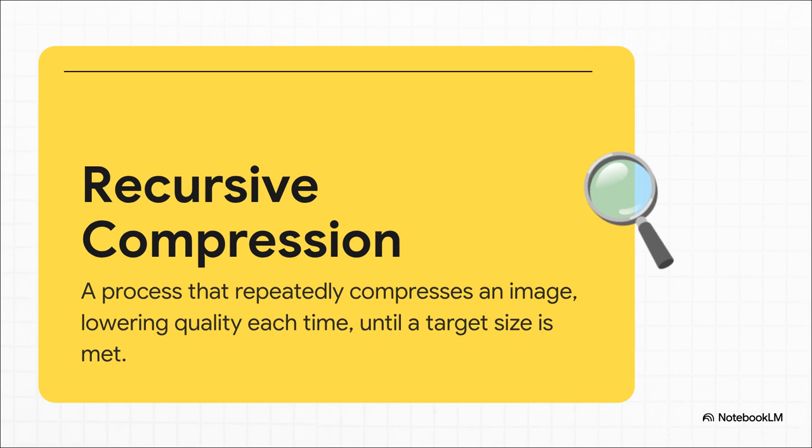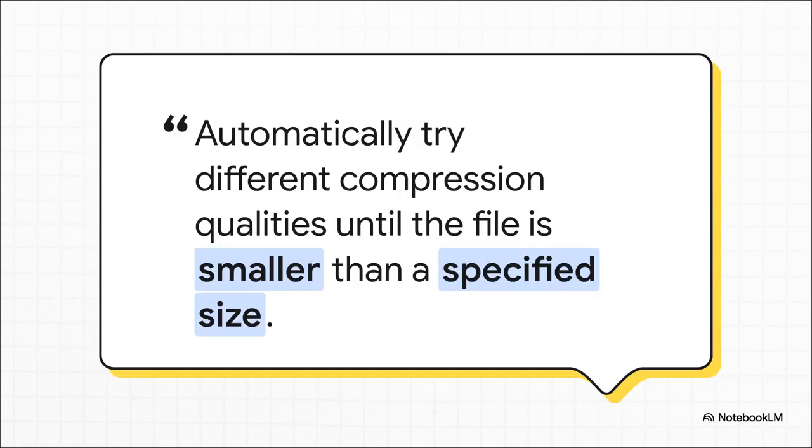Instead of just compressing once and hoping for the best, this process tries again and again and again, making tiny little adjustments to the quality until it hits a very specific file size. Exactly. This quote really nails it. The whole goal is to automate this process with a clear purpose. We're basically telling the program, I don't care what the final quality setting is, just do whatever it takes to make sure the final file is under 600 kilobytes.